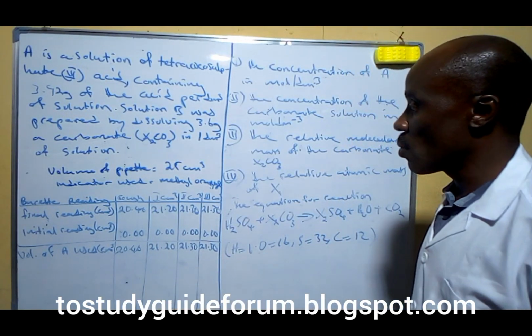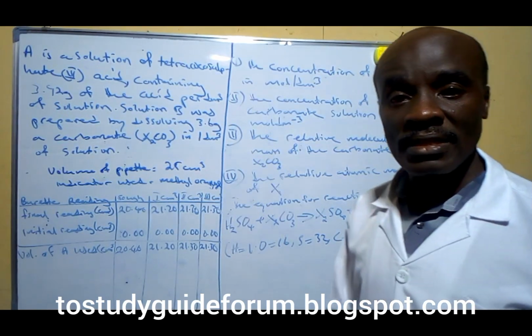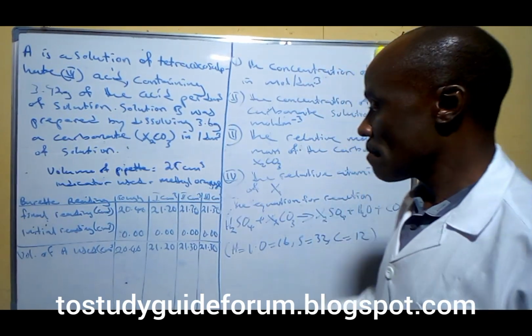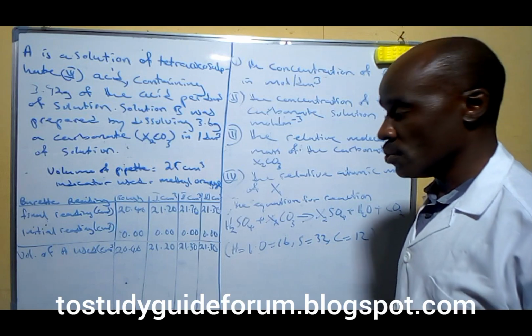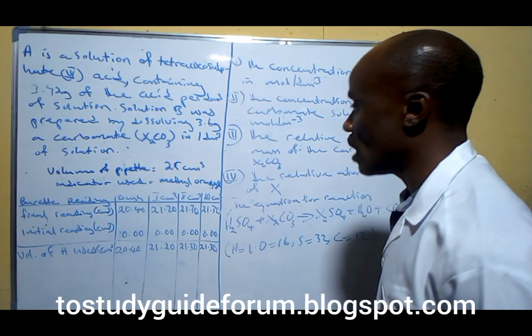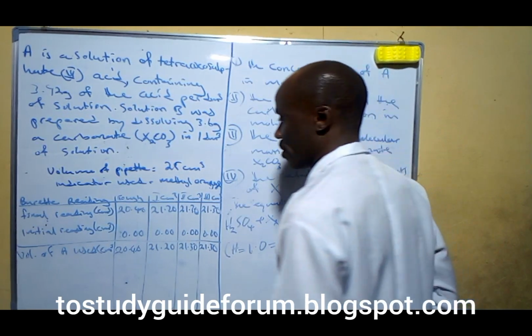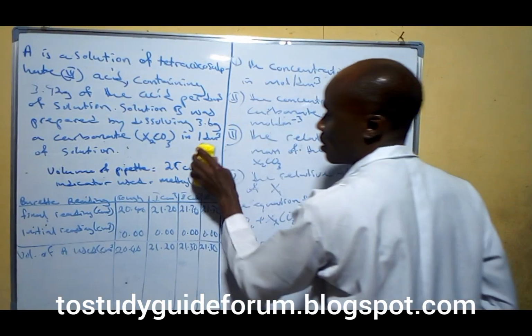In this case, the question said that we should calculate the average volume of A used, the acid. So to do that, we're going to take the average.